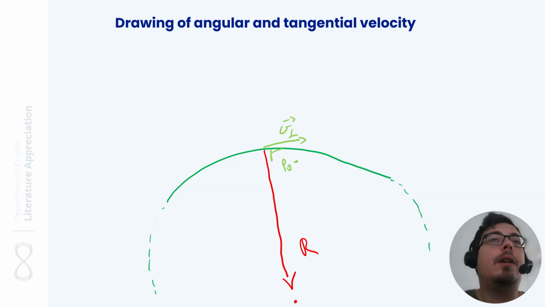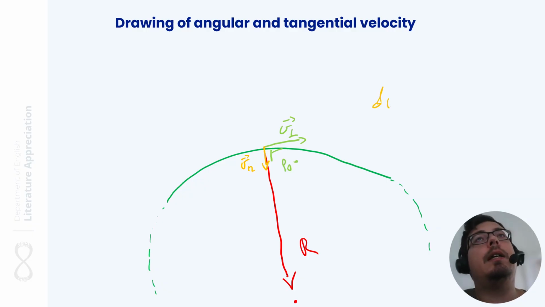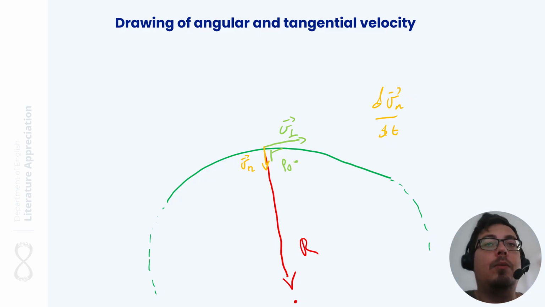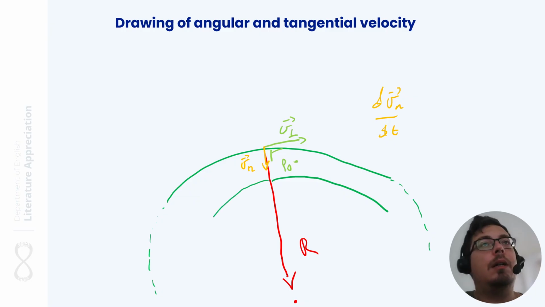And then the radial velocity is the one that is going in this direction here, velocity radial. Okay, if there is a change in the radial velocity, there is an acceleration along the radius, the object will fall in a different trajectory, because it will move from here to there.